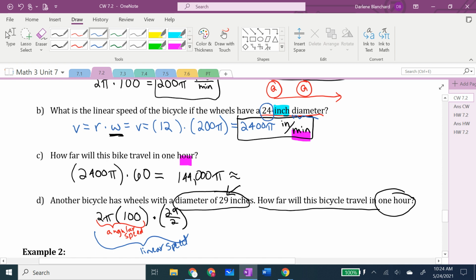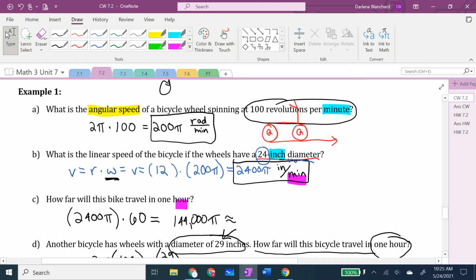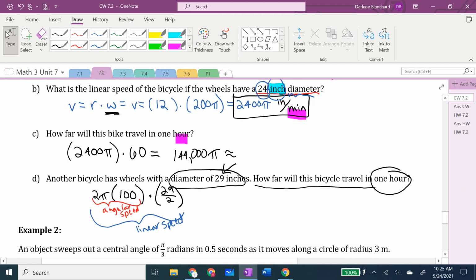But it all depends on the units being used. The linear speed is revolutions per minute, knowing a length in inches. So this is telling me inches per minute for my linear speed.